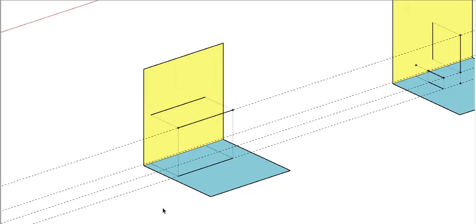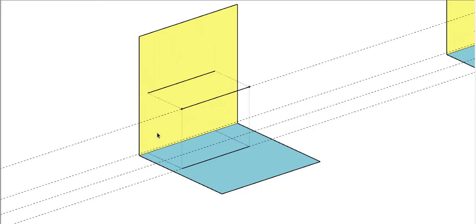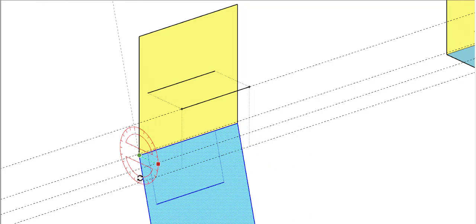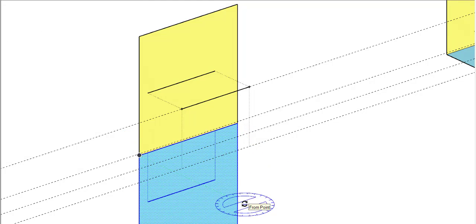Just like in the case of projection of points, we will take the projection on the horizontal plane and the horizontal plane itself, and we will rotate it in the clockwise direction by an angle of 90 degrees.